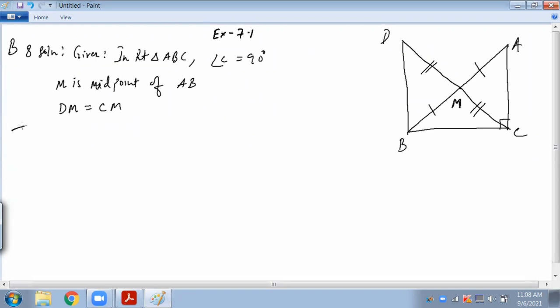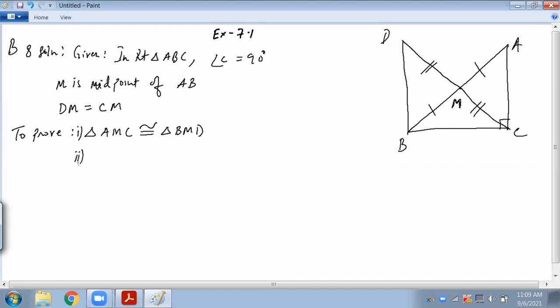Okay, to prove what? In the given, we write only the important things. We just write in short. And you have to show all this. That is number one.